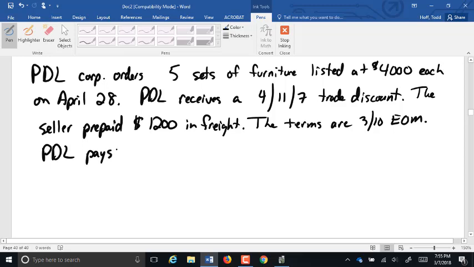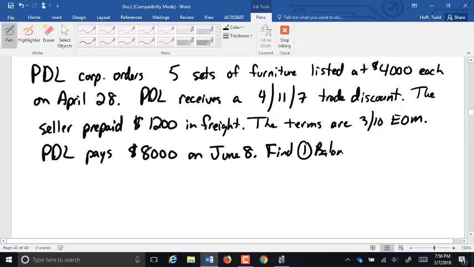PDL pays $8,000 on June 8th. Find one, the balance due, and two, the due date, the date that it's due.